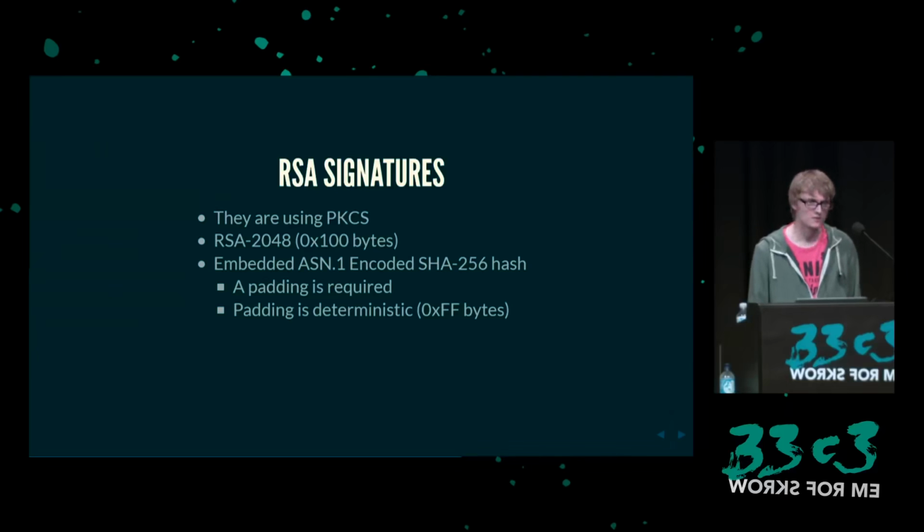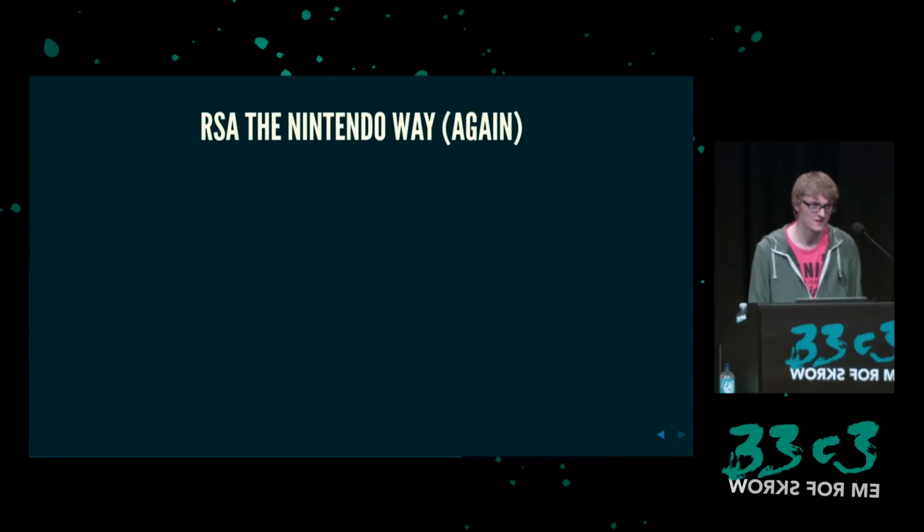When you compare the signatures of different firmware images, you will notice that only the hash changes. The rest of the data is always the same for all signatures. But for some reason, they decided to write a signature parser for this stuff. So what you get now is RSA the Nintendo way again.